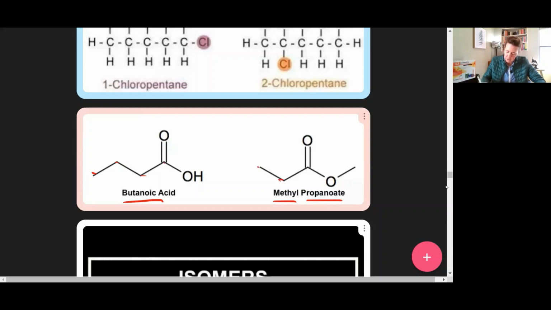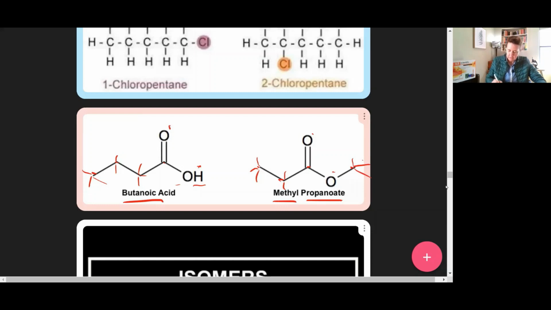They each have 2 oxygens, and they each have that extra hydrogen there. Here you have 3 hydrogens, here you've got 2 hydrogens, these 2 hydrogens, and of course, this hydrogen here.